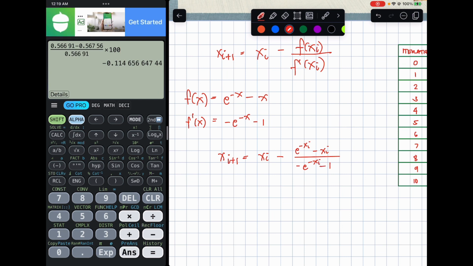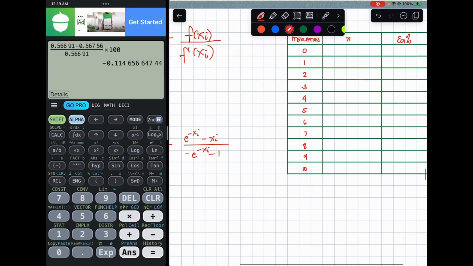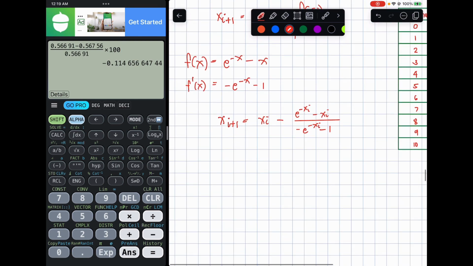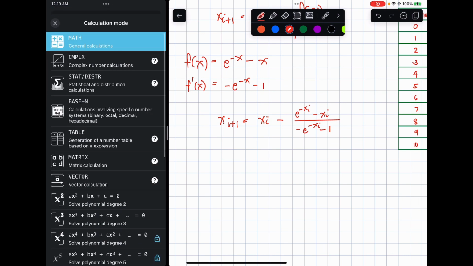So that is our formula for finding the next value. For our first iteration, we just substitute. I'm going to use the table.